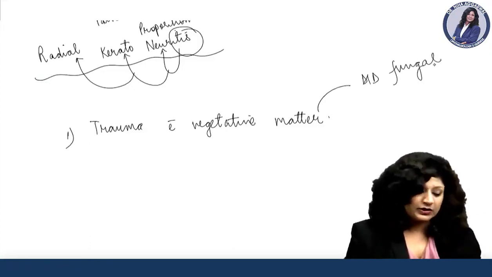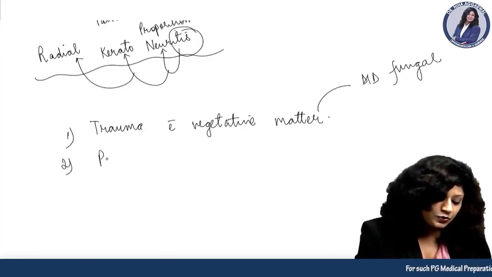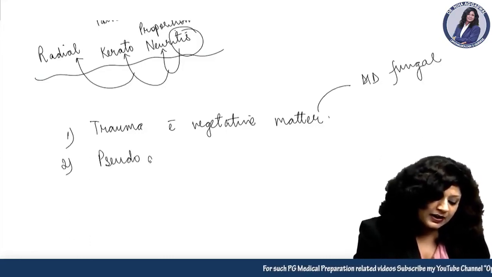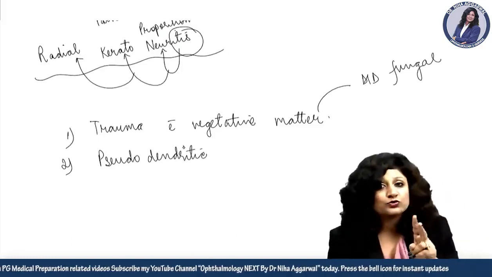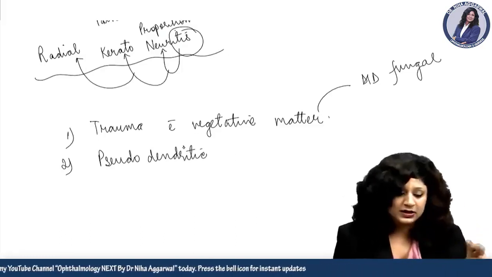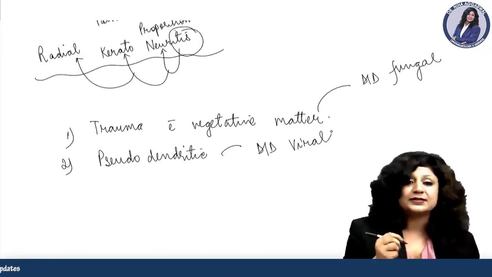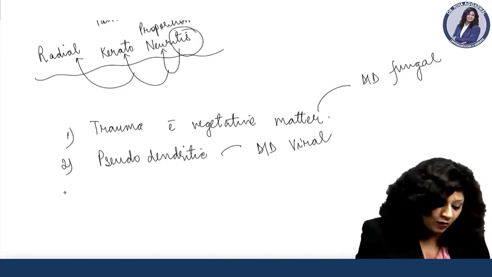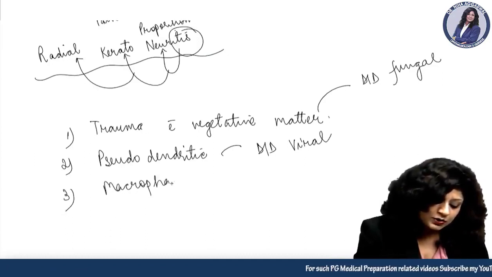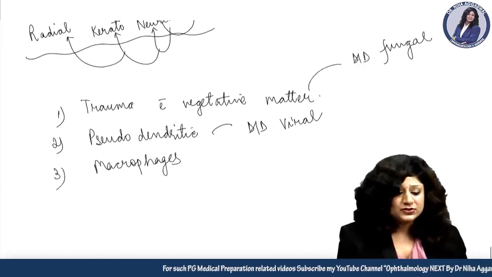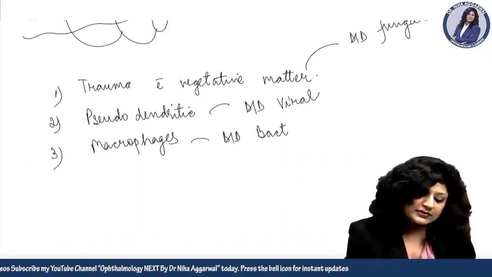Second important thing, here also you can get the pseudo-dendritic pattern. That is not true, but no knobs are present here. This will cause confusion with the viral corneal ulcer. Number 3, here also you can see the macrophages, which will confuse you with the bacterial corneal ulcer.